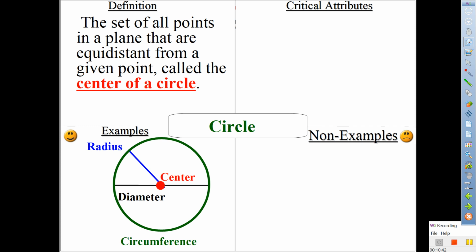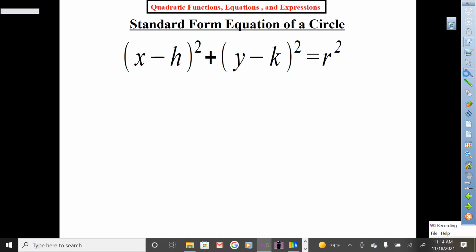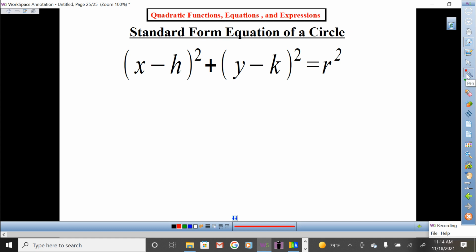All right. However, look up again. Look at that form. There's something familiar in that form that we've been using already for a long time. Talk to your neighbor. What have we been using for a long time? Brooke?